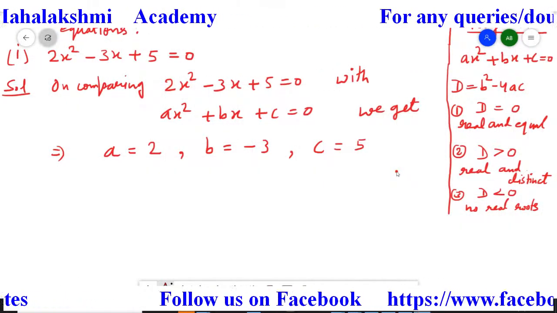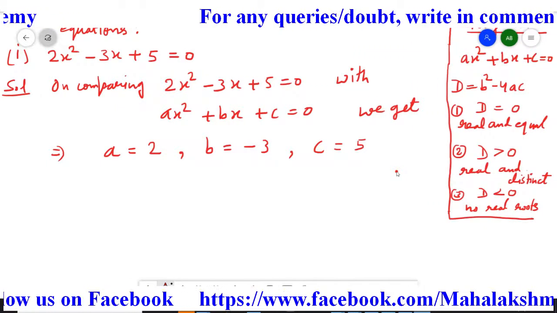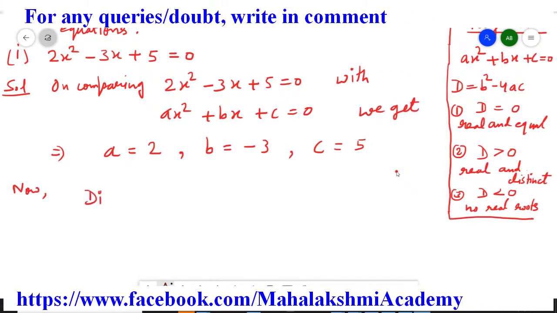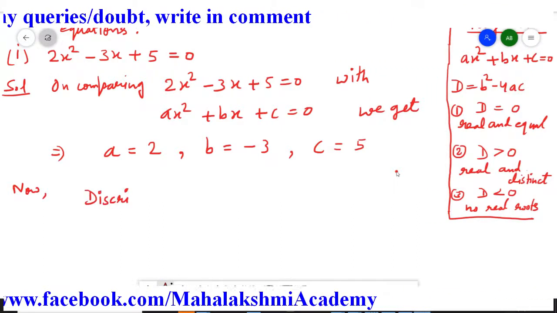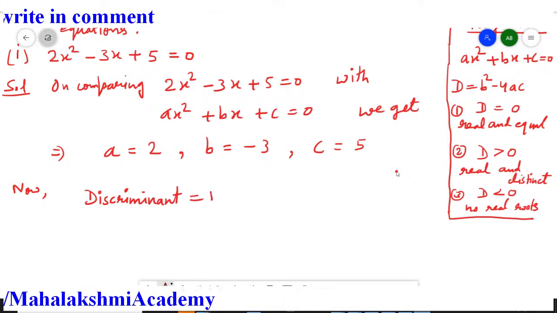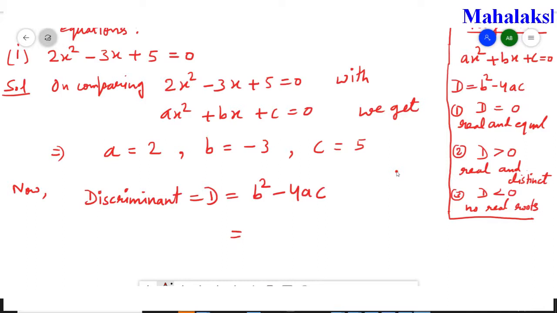So we'll write here, now discriminant D is equal to b square minus 4ac. Now in that we'll put the values.